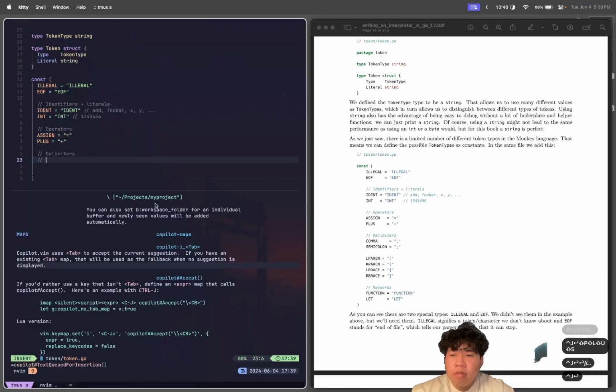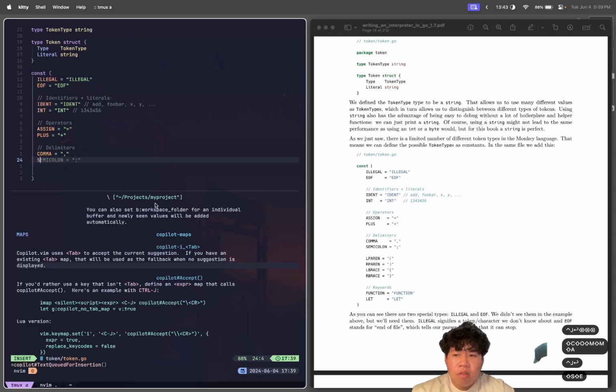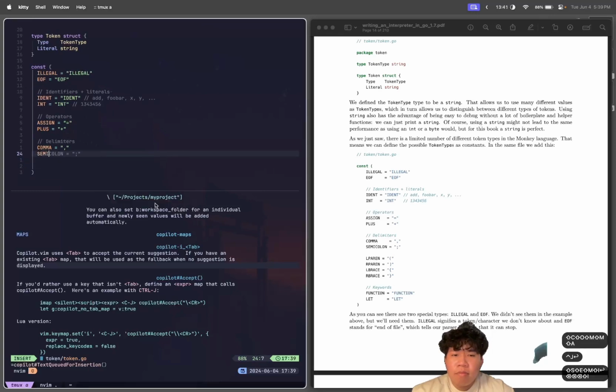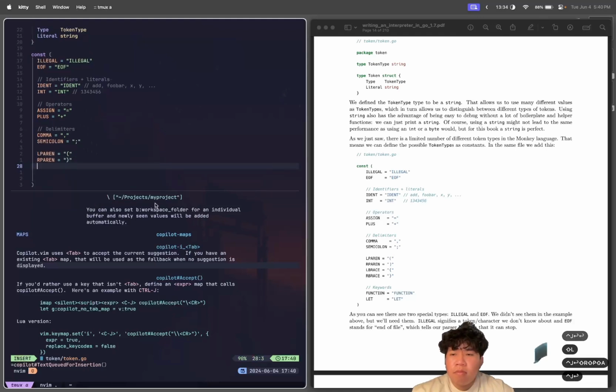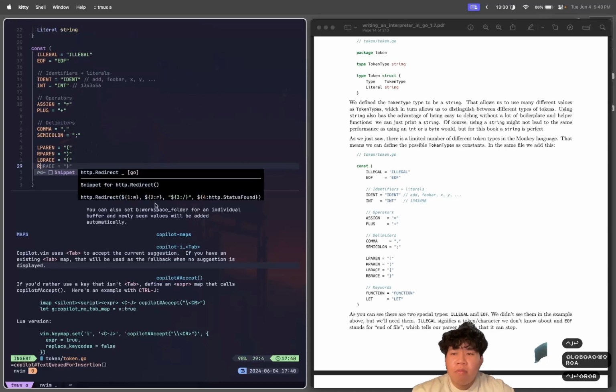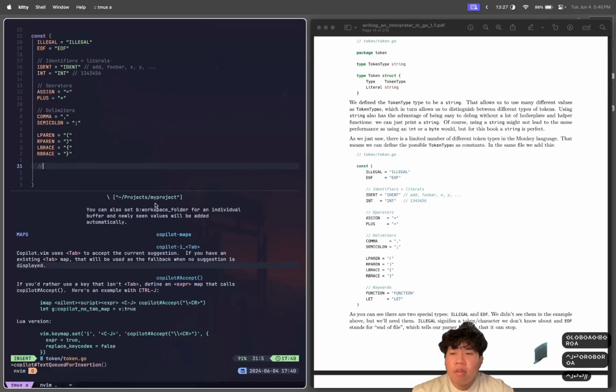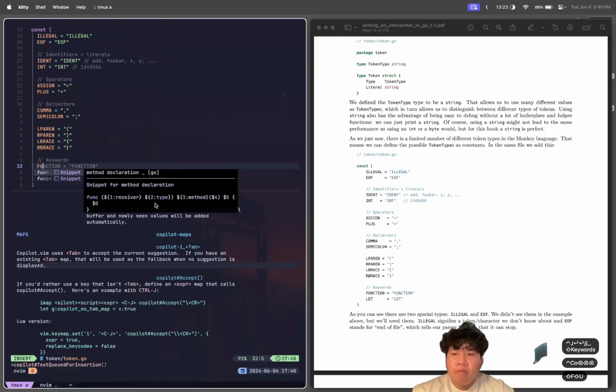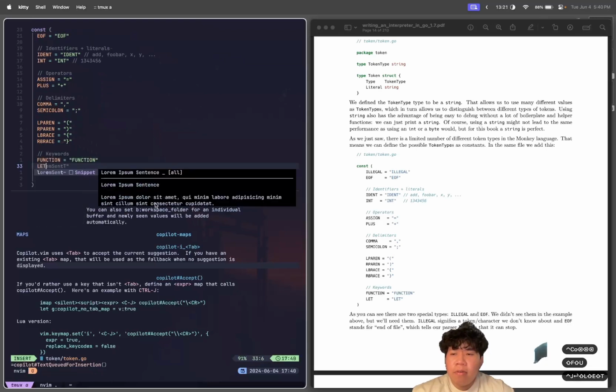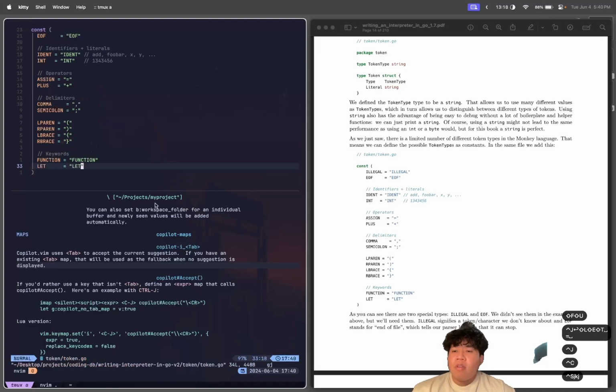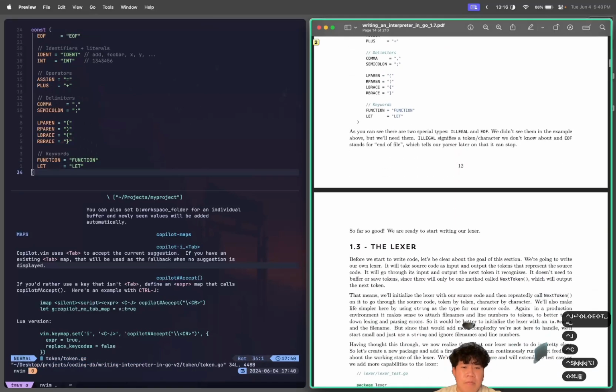Delimiters. Keywords. Function. Let. Okay.